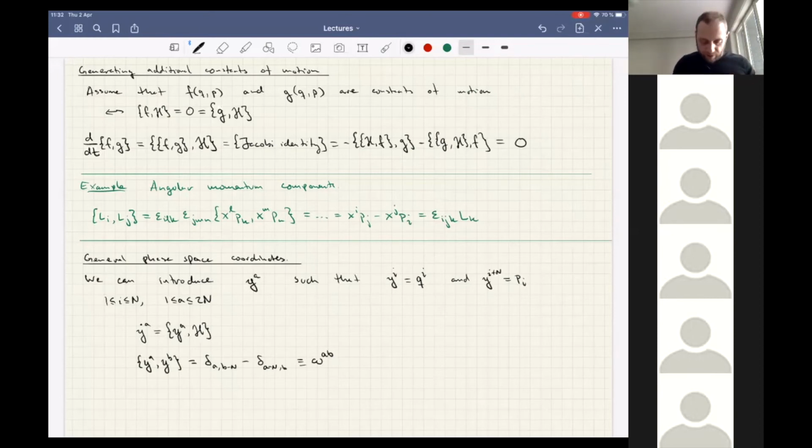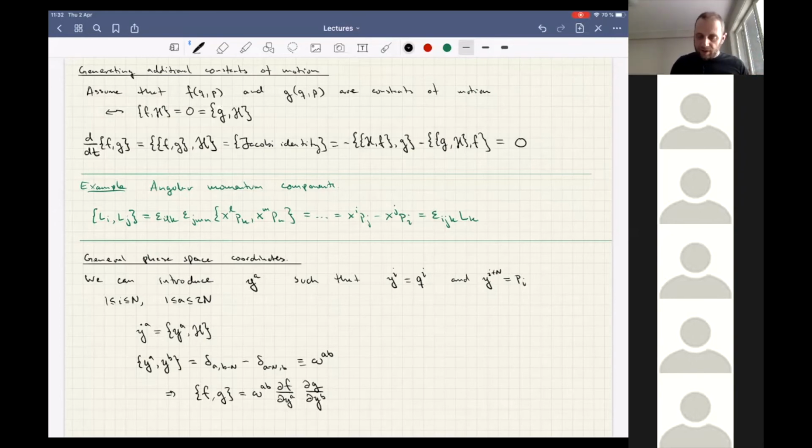And we can also write the Poisson bracket between any two functions. I mean, f and g are now functions on phase space, so they are functions of the y's. We can write this Poisson bracket as omega ab, df/dya, dg/dyb. And you now see the kind of relationship that we have to what we discussed in the first two lectures, where we discussed general coordinate transformations.